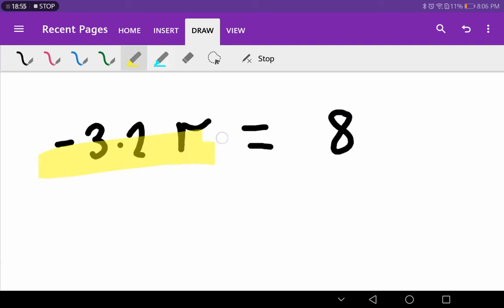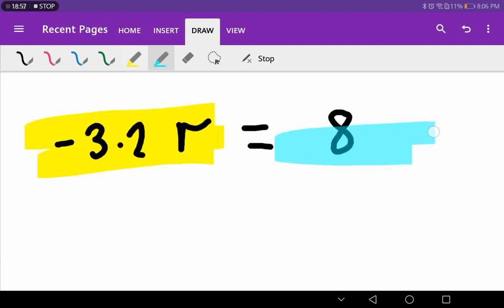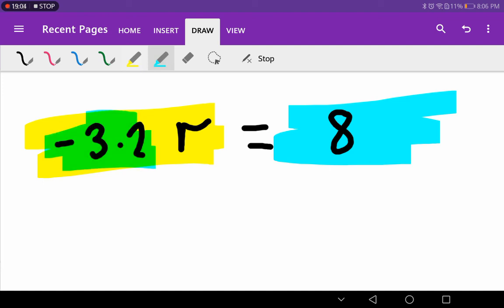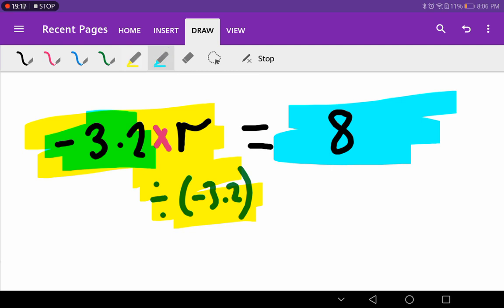Actually, this is the left side and this is the right side. I have a coefficient here, which is negative 3.2, and there is a hidden multiplication. So divide by negative 3.2 on the left side, and what we do in the left side we have to do here. Let's go.